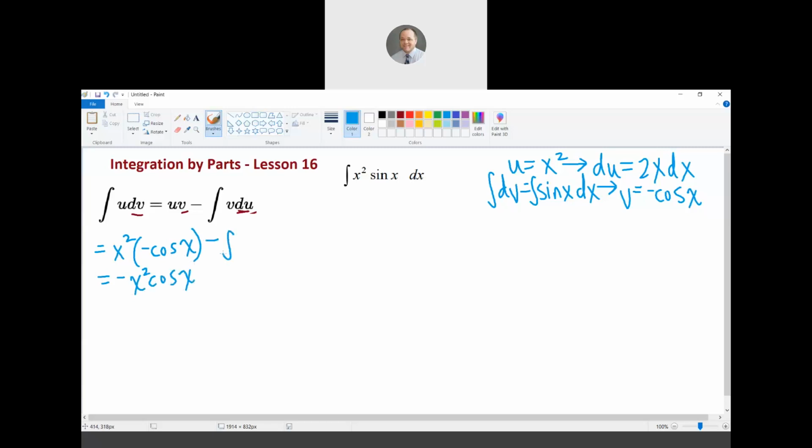Minus the integral of v, with v being negative cosine x, times du, which is 2x dx. And let's clean that up a bit. Our negative times negative changes to a positive sign. And let's move the 2 in front.